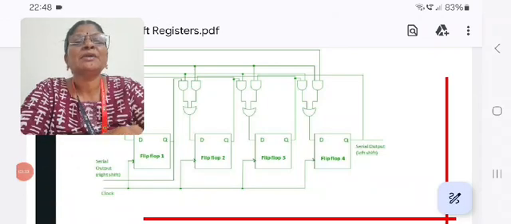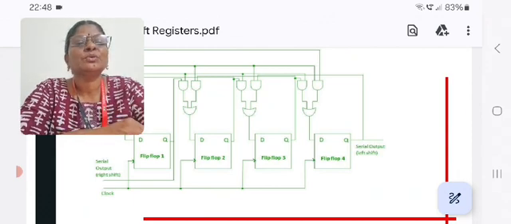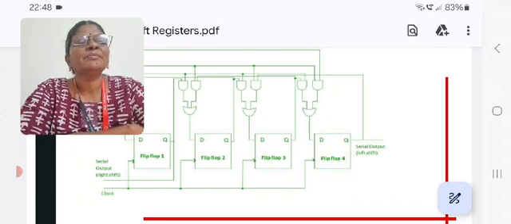We have two mode selections here. One is mode high, that is logic 1, and another is mode low, that is logic 0. And we have serial input and serial output: the serial output from right shift and the serial output from left shift.